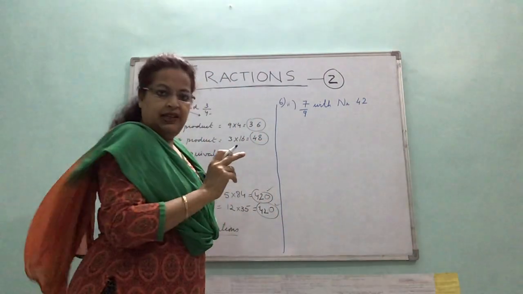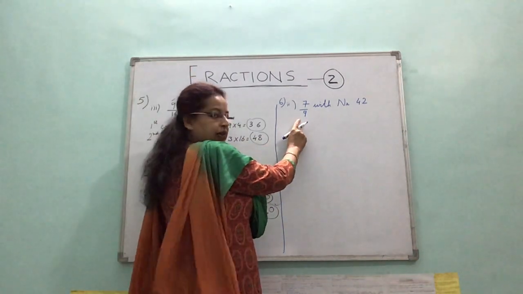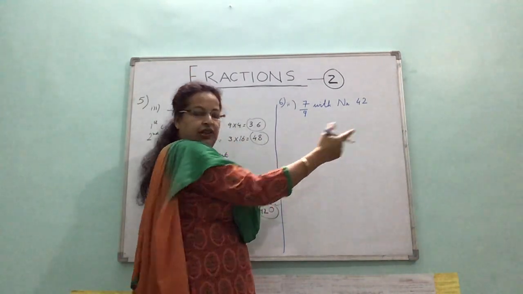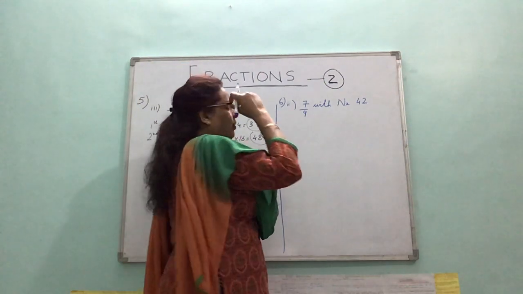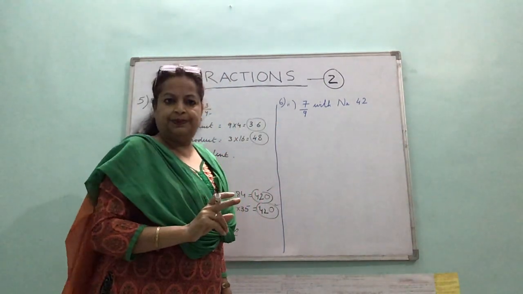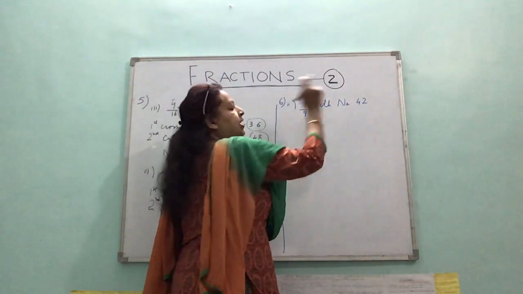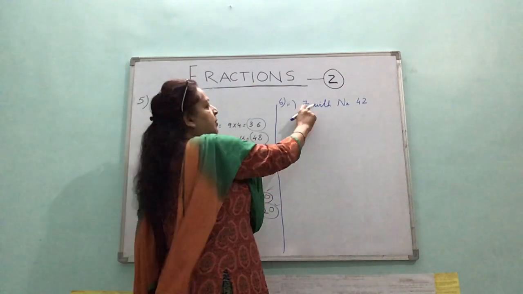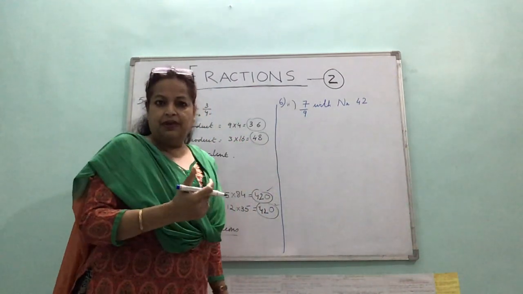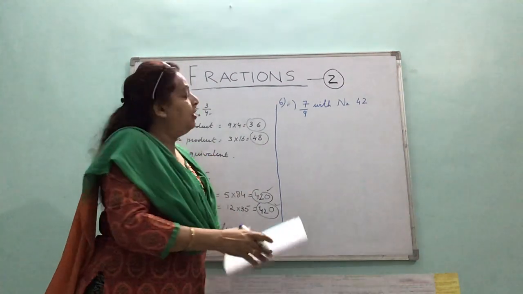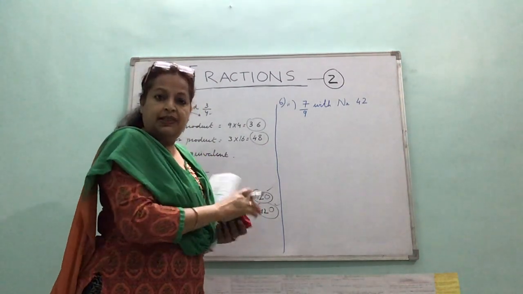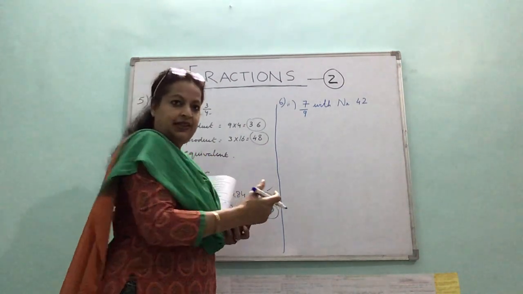Now the question says I have to change this fraction to an equivalent fraction. Its value should be same but the numerator should be 42. Now we have to multiply 7 by a certain number so that it becomes 42. Now by what number will you multiply 7 so that it is 42? By 6.